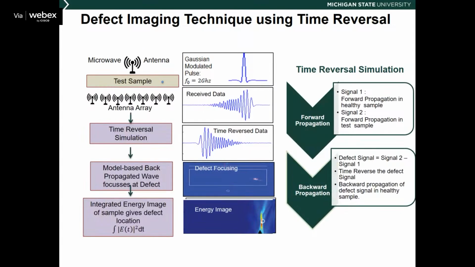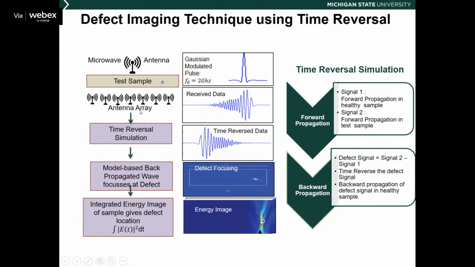So what you'll get is, if you have a microwave antenna for transmitting and multiple microwave antennas for receiving, you have something in between. For example, the blue dot here is a defect or root or something you want to image.